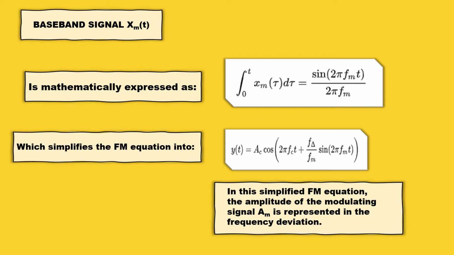In this simplified equation, the amplitude of the modulating signal A sub m is represented in the frequency deviation.